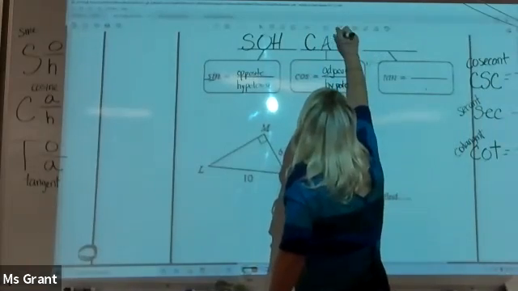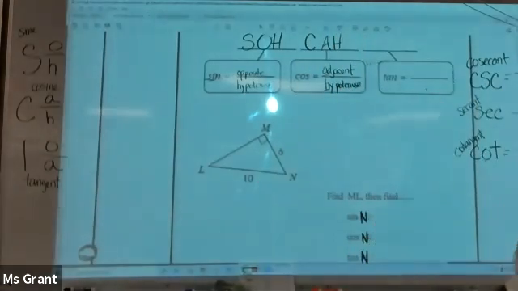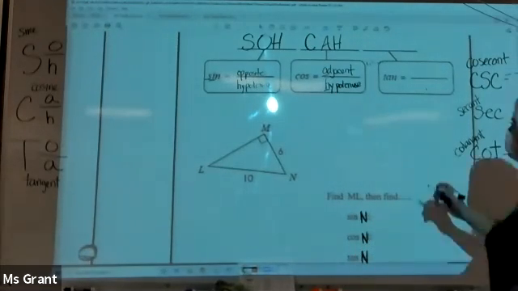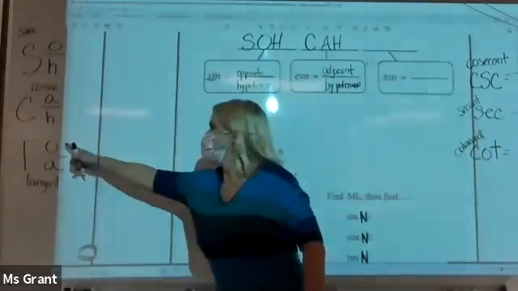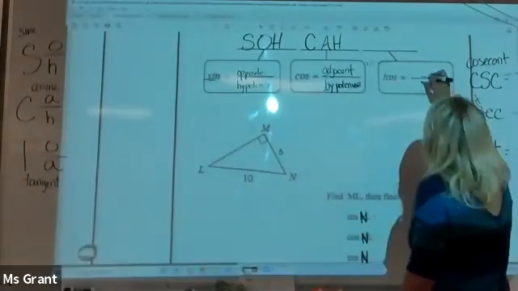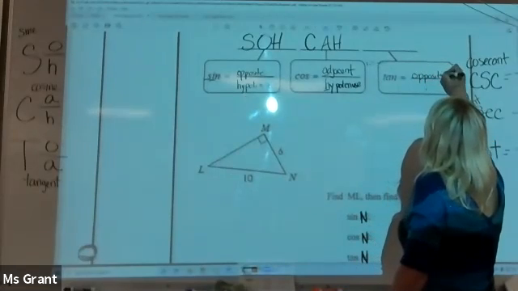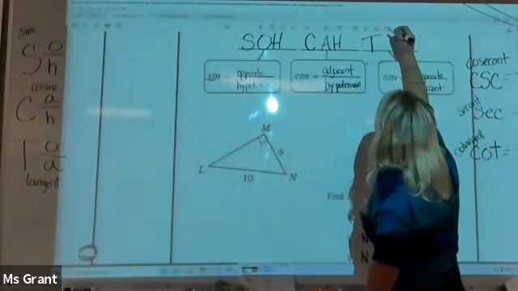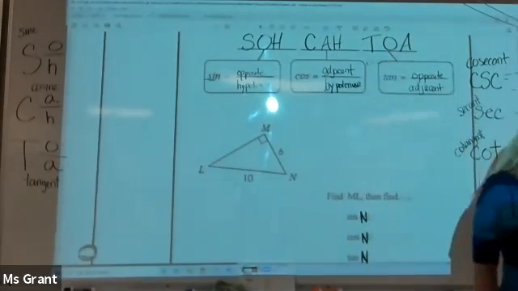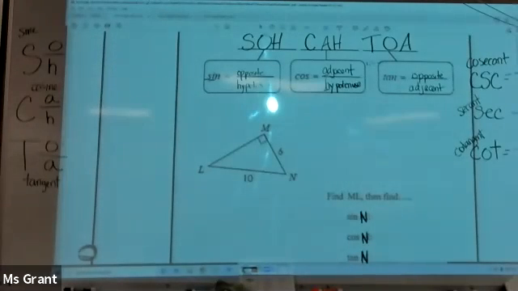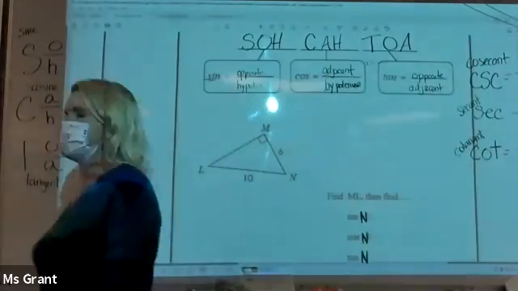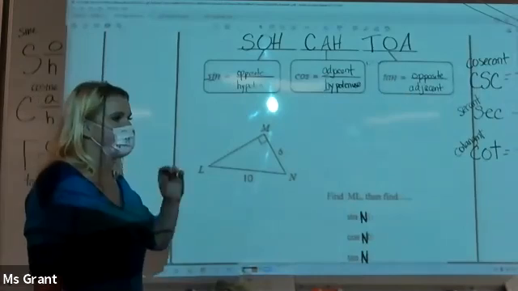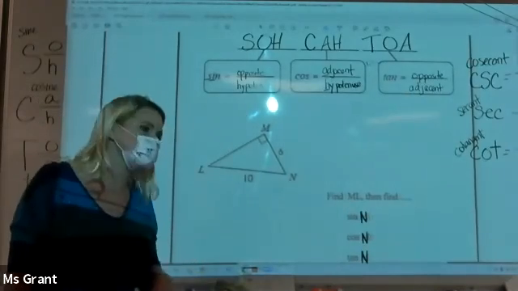So I'm going to use C-A-H, cah. Tangent, opposite side over adjacent side. Toa, tangent, opposite over adjacent. SOHCAHTOA. SOHCAHTOA is the acronym that we teach students to help them remember which one is sine, which one's cosine, what's tangent.